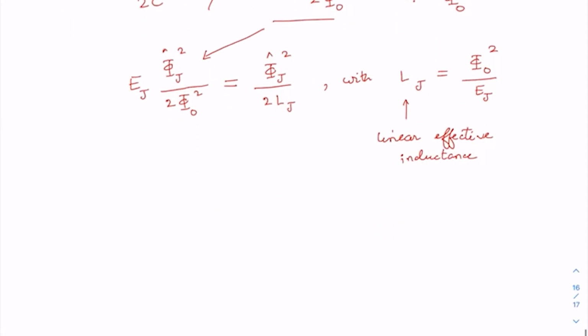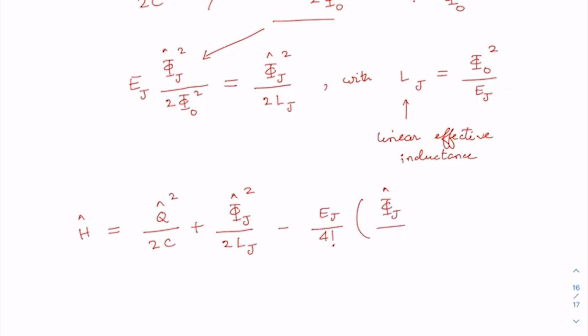Therefore, we can write the Hamiltonian in this form now. H is equal to q square by 2c plus phi j square by 2Lj minus Ej by 4 factorial phi j by phi 0 to the power 4.